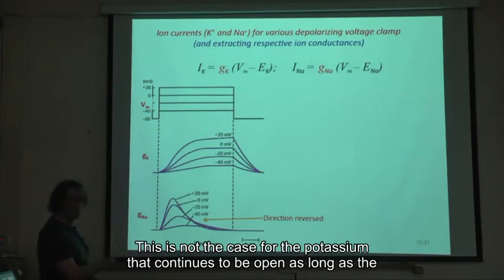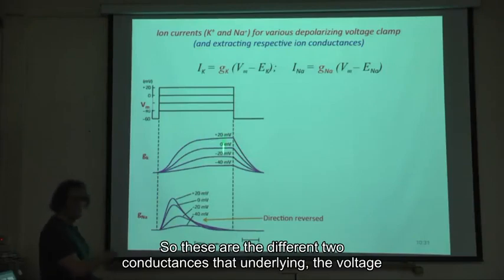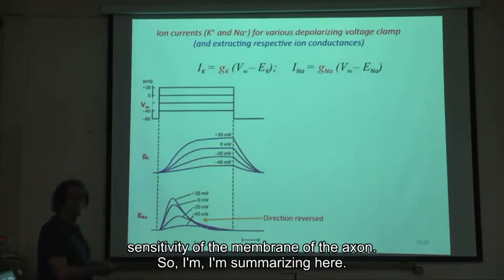This is not the case for the potassium, which continues to be open as long as you voltage clamp the cell to a given depolarization. So these are the two different conductances underlying the voltage sensitivity of the membrane of the axon.